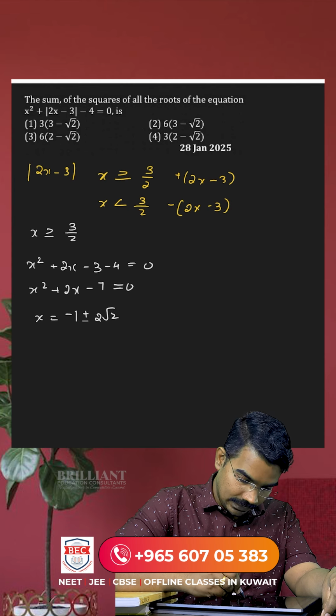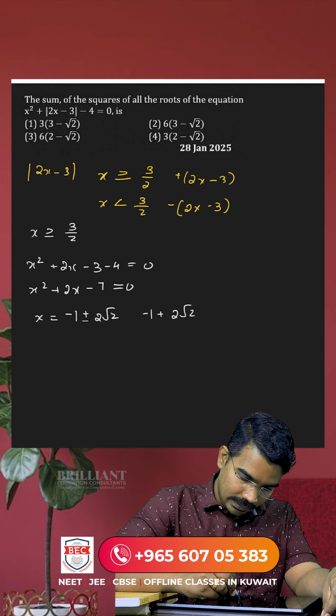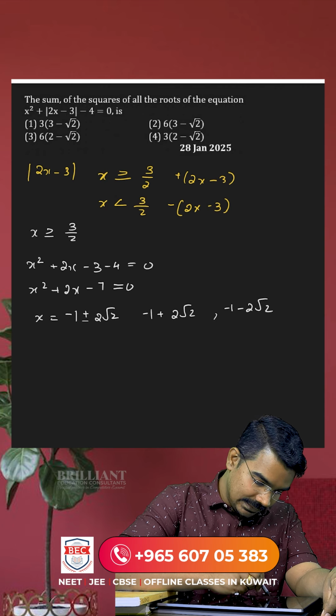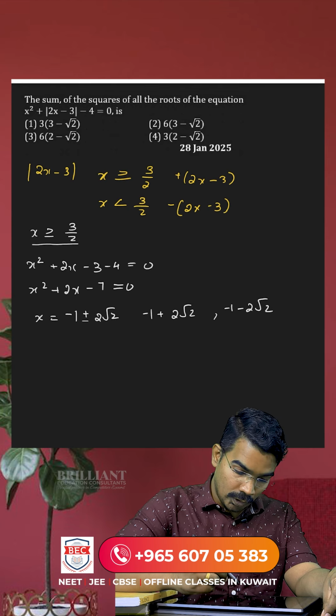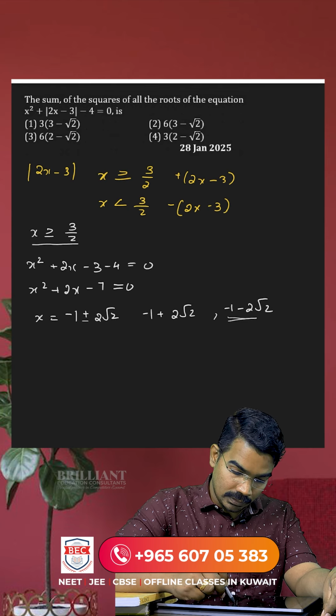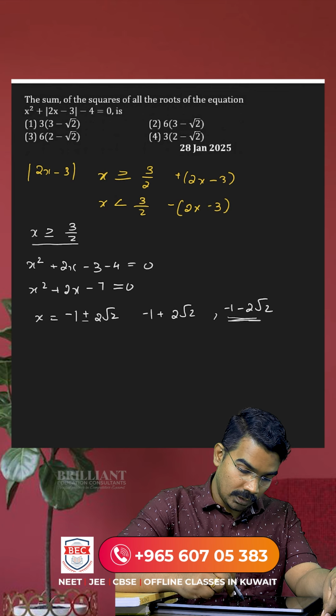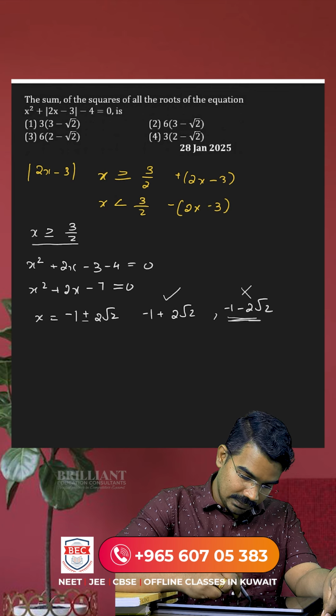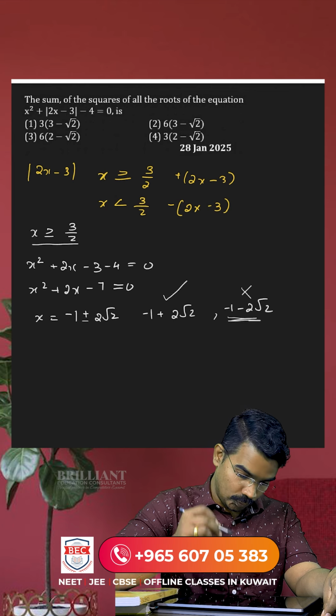So the roots are minus 1 plus 2 root 2 and minus 1 minus 2 root 2. The condition is x is greater than 3 by 2. This root is negative, so it is less than 3 by 2 and will not apply. So the solution is minus 1 plus 2 root 2.